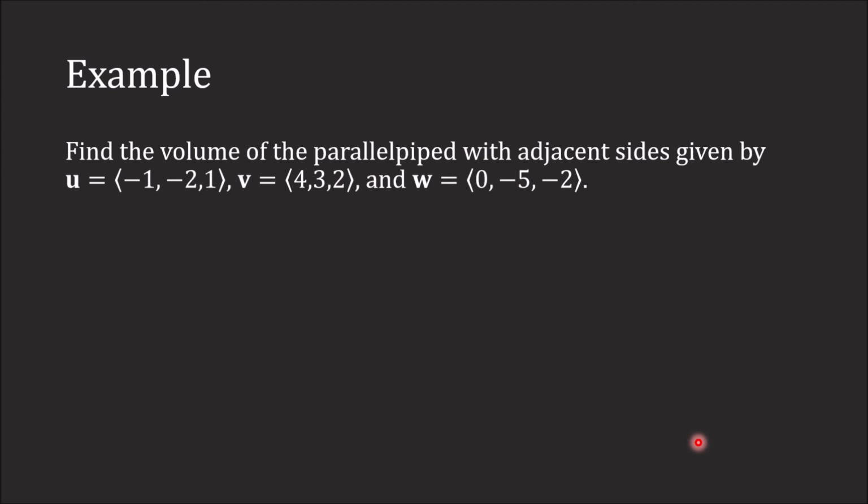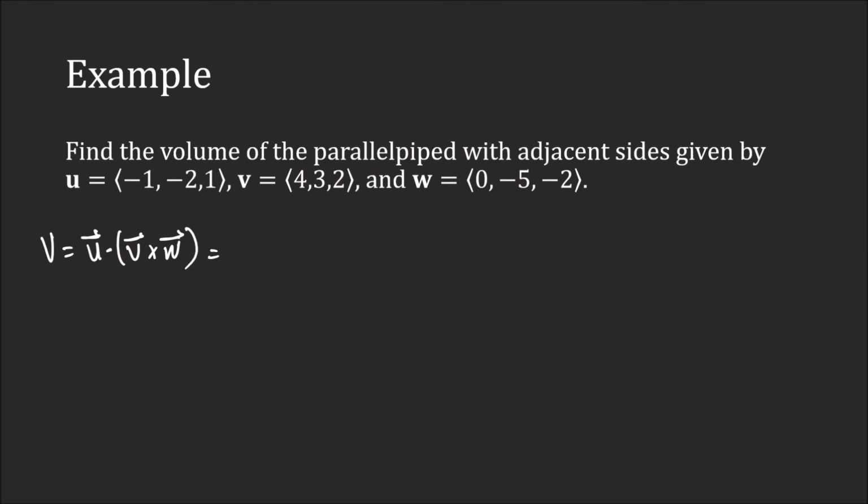So we're going to find the volume of the parallelepiped with adjacent sides given by the vectors -1, -2, 1, 4, 3, 2, and 0, -5, -2. So the volume is u dotted with v cross w.